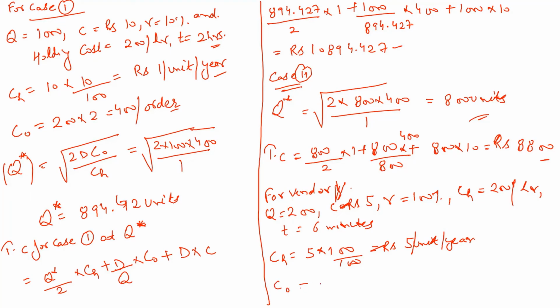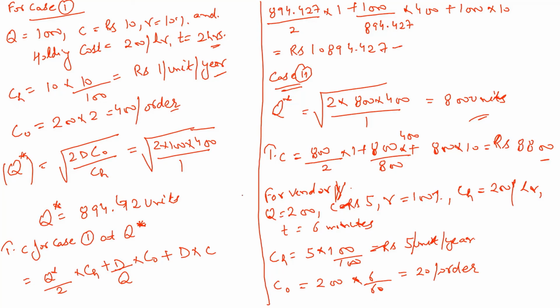The ordering cost would be 200 into 6 by 60, which comes to 20 per order, right?